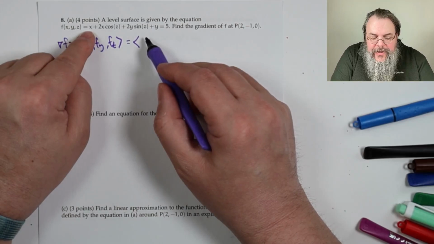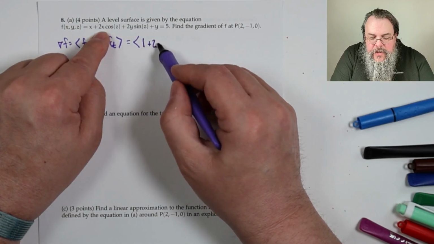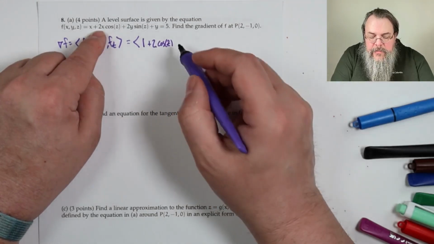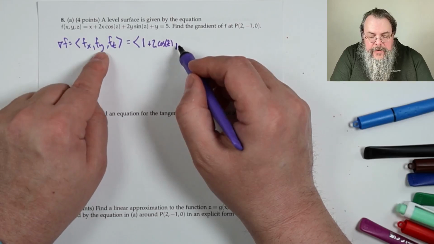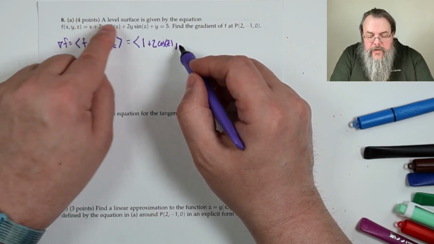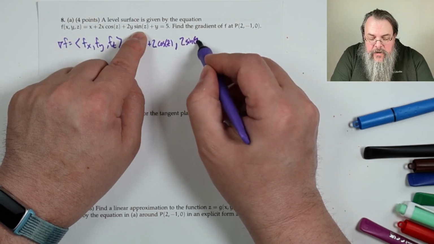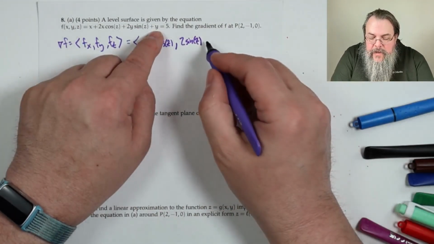So here, the derivative is 1. Here, 2 cos z. Those are constants. x is your variable. No x, no x. Comma. f sub y. No y, no y. 2 sin z is a constant times y. And then plus 1.